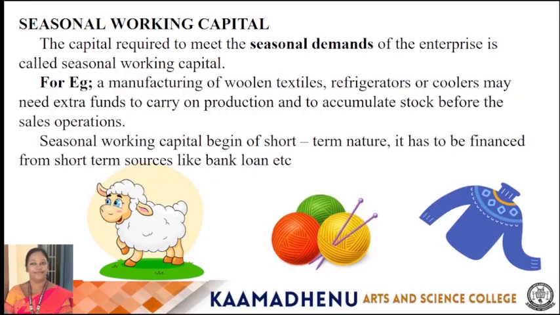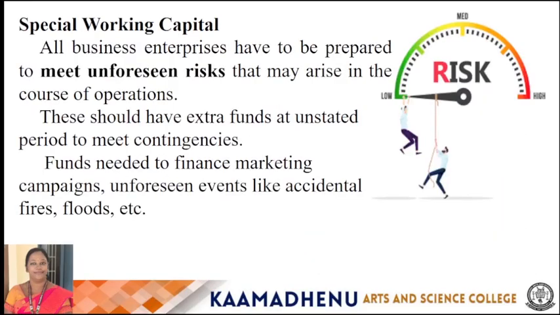For example, manufacturing of woolen textiles, refrigerators or coolers may need extra funds to carry on production and to accumulate stock before the sales operations. Seasonal working capital being of short-term nature has to be financed from short-term sources like bank loans and financial institutions, commercial banks, etc. And next thing is special working capital.